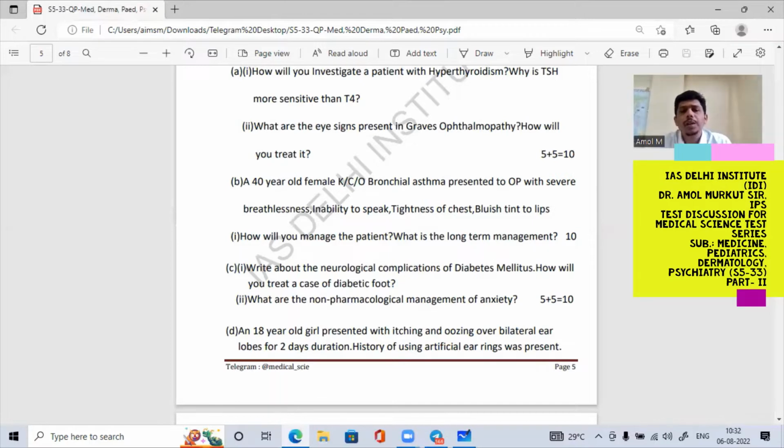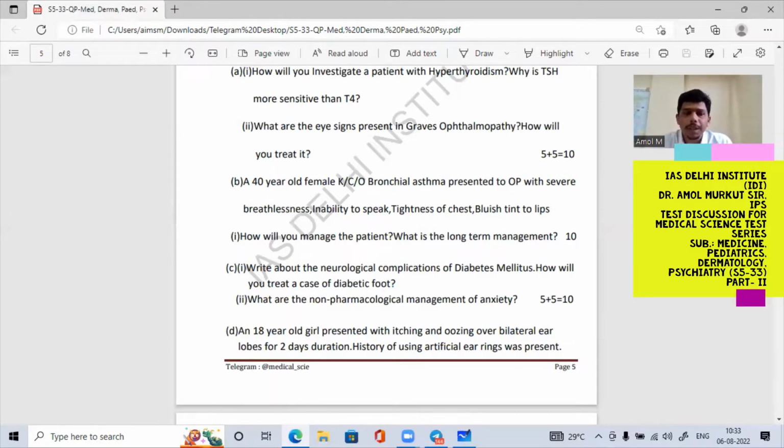Then you have to give hydrocortisone 100 mg IV. Why? Because it will help to decrease the inflammation, and it can suppress the acute immune response, which is leading to the release of histamines and the subsequent attack of bronchial asthma.